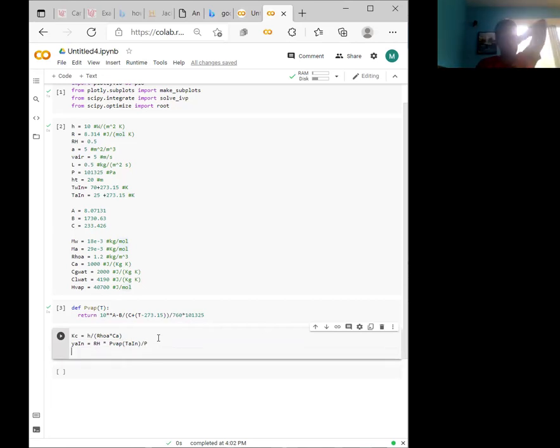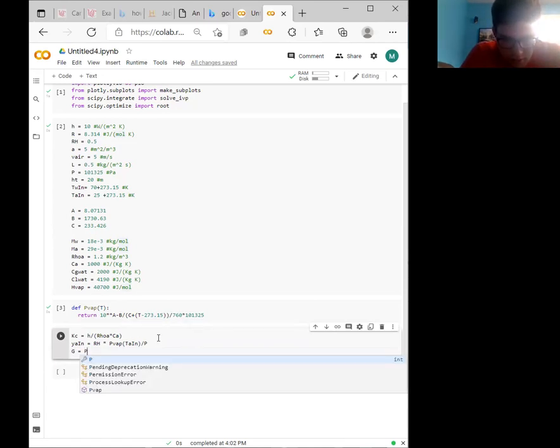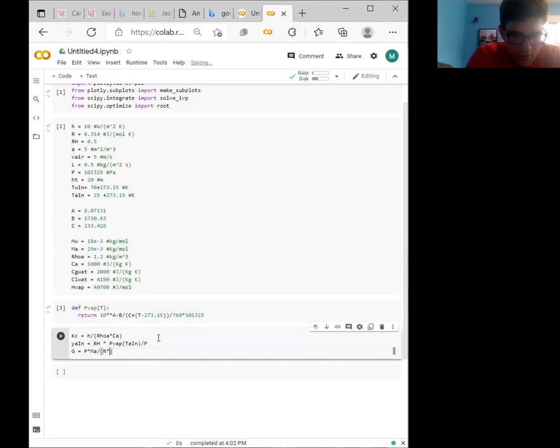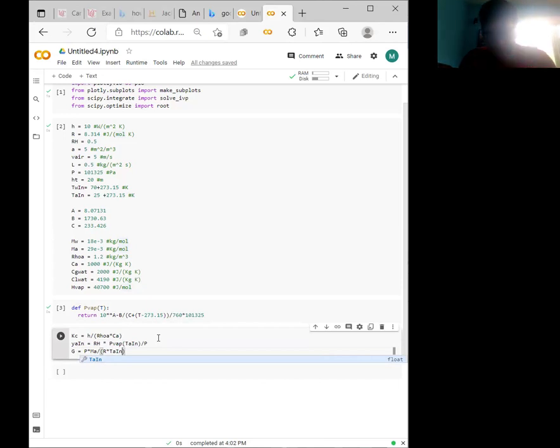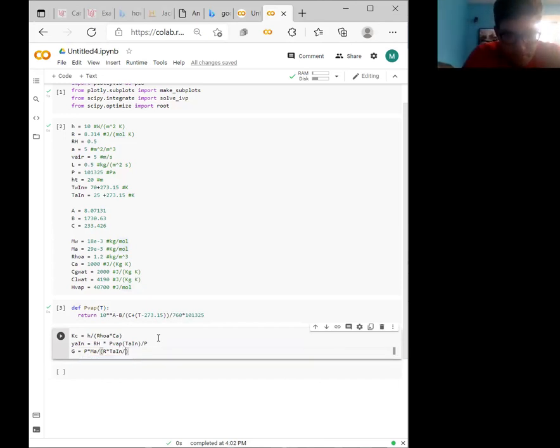Okay. And then the last thing we're going to try to find right now is the molar flow rate of the gas here, which is the pressure times the molecular weight of air, divided by R, the constant, times the input temperature of air, and divided by the velocity of the air.